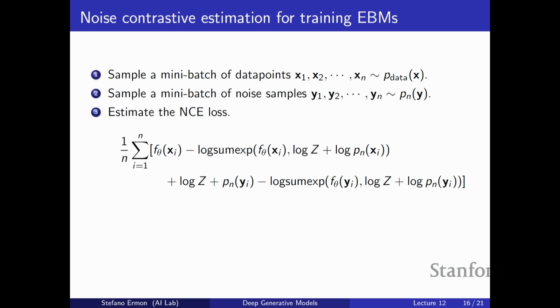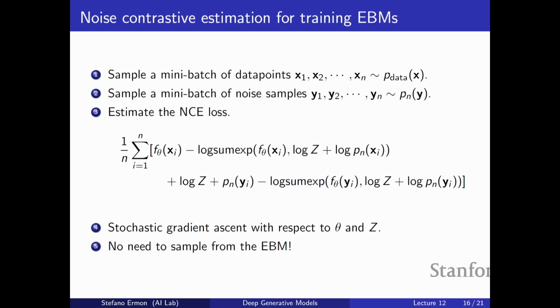That's basically what we had before. You're evaluating the loss of the classifier over these two batches, real samples and samples from the noise distribution, and then you try to maximize this as a function of theta and z, with stochastic gradient ascent with respect to theta and z.